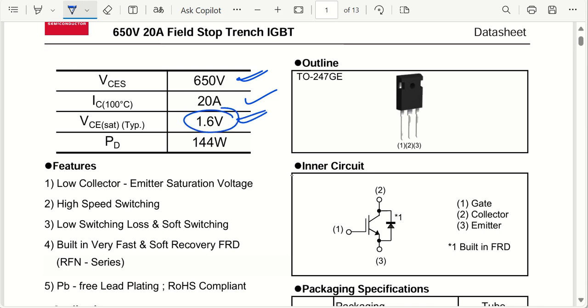This is the voltage that will be dropping across the collector to emitter, and we have the power dissipation capability of 144 watt. Okay, this is a 3-terminal device of TO247 package which has gate, collector and then emitter. So you can see we have gate, collector and emitter, and it is also written here: gate, collector, emitter. Okay.